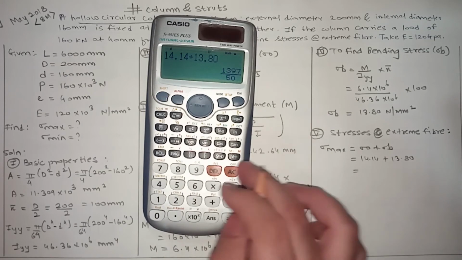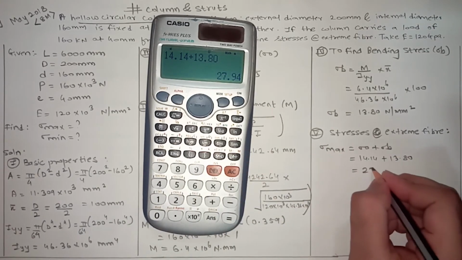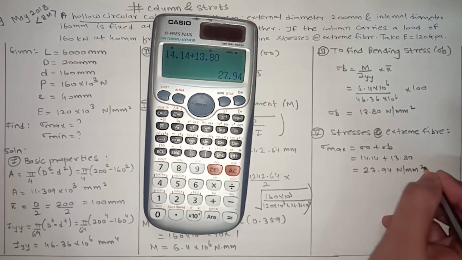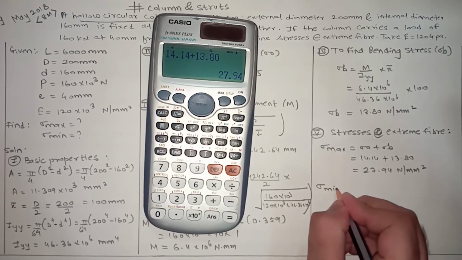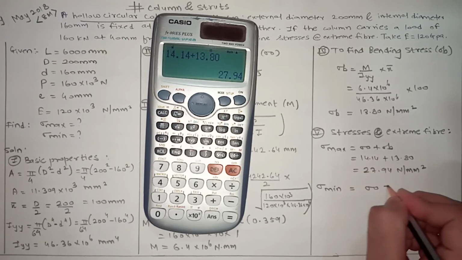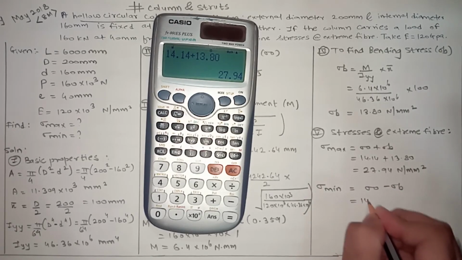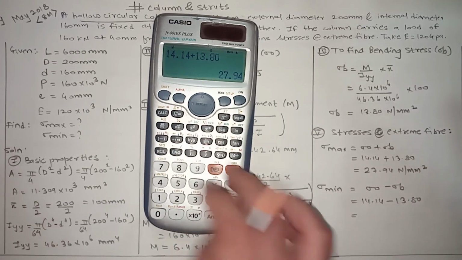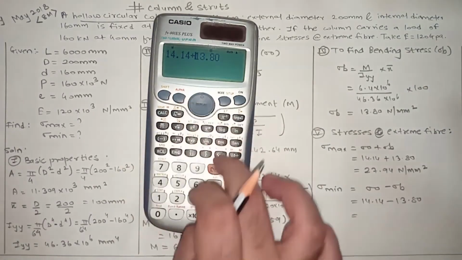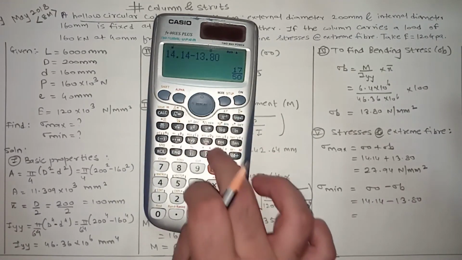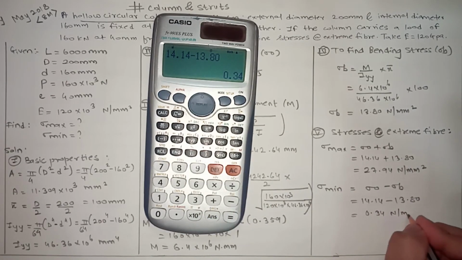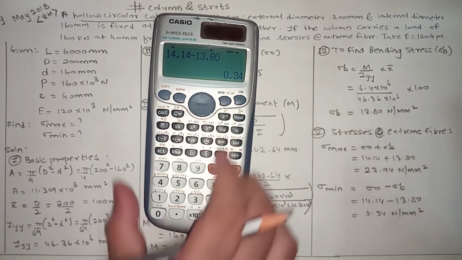So the answer for sigma max is 27.94 Newton per mm square and sigma minimum is equals to sigma O minus sigma b. So 14.14 minus 13.80. So answer for sigma minimum is 0.34 Newton per mm square.